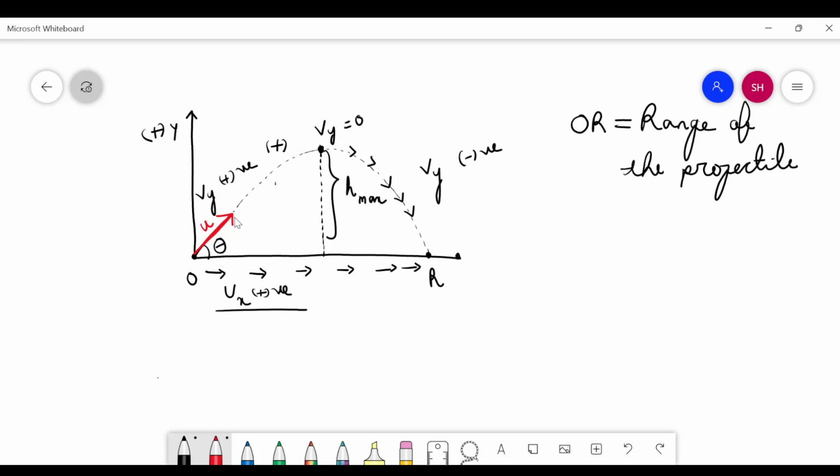Now this can be resolved into two components. On the x component, this is ux, and there will be a y component, which will be our uy.